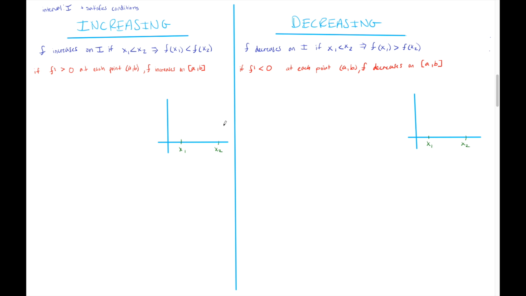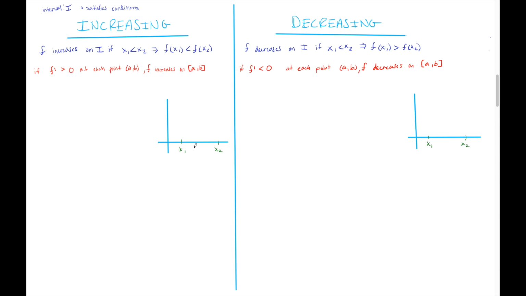And now we can apply the principle of the mean value theorem to actually prove the definitions of an increasing and decreasing function. Within an interval I that satisfies the conditions mentioned before, if a function increases on interval I under the fact that x1 is less than x2 and f of x1 is less than f of x2, meaning y1 is less than y2, then the function is increasing.